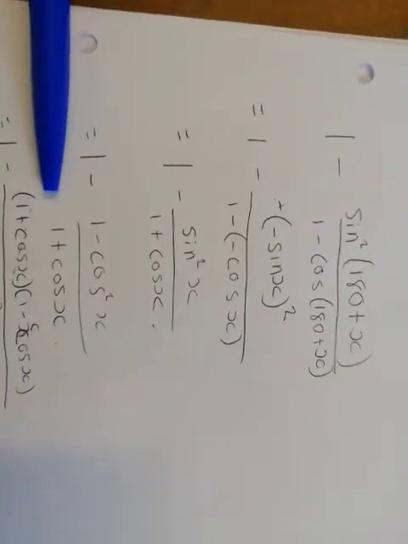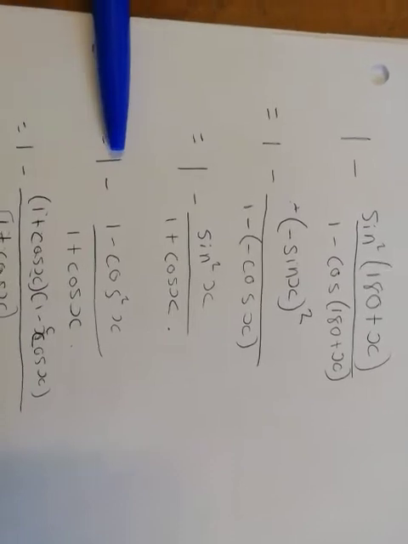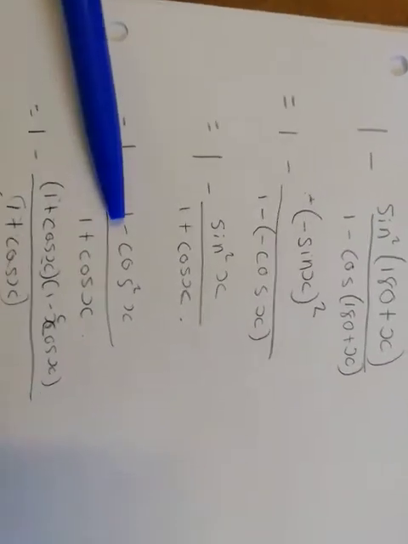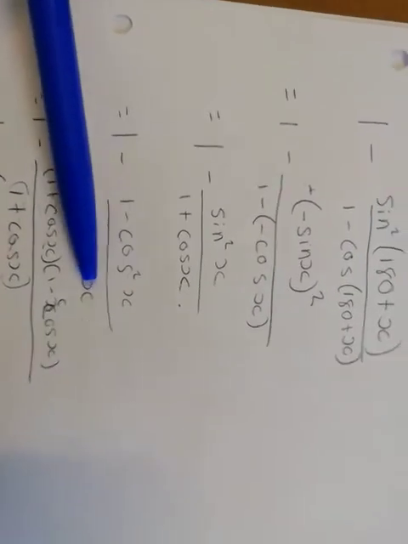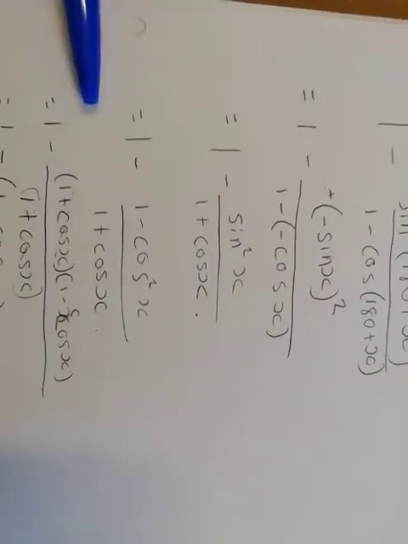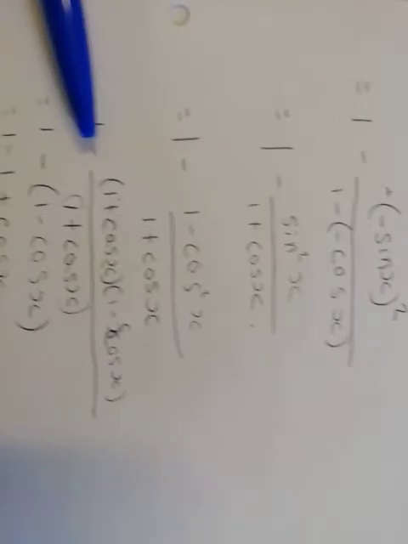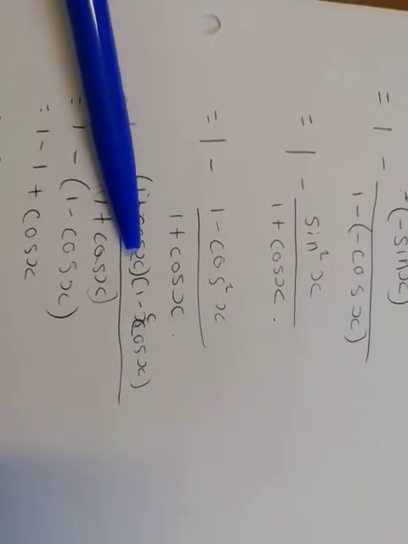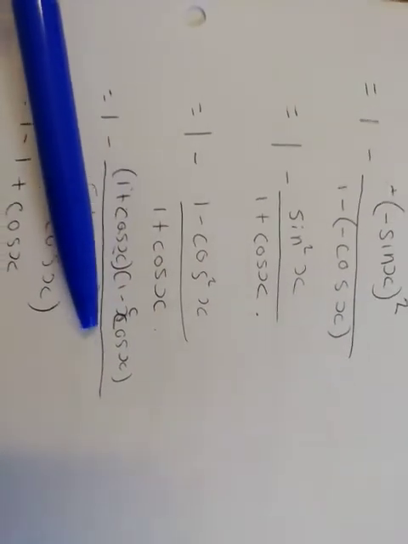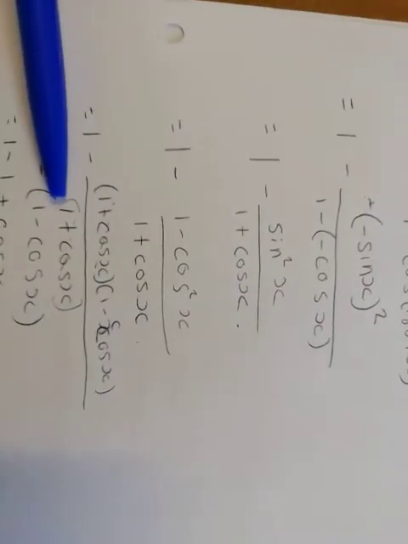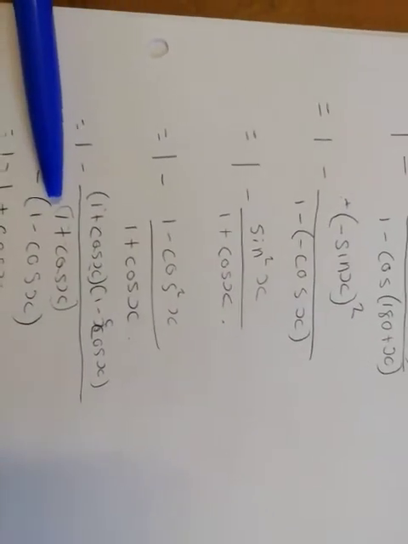Then you check again. 1 stays the same, minus 1 minus cos squared x is a difference of squares. So you can do difference of squares factorizing to get 1 plus cos x, 1 minus cos x. Bottom one stays the same, and then you can simplify.